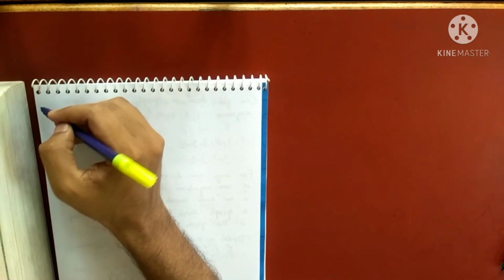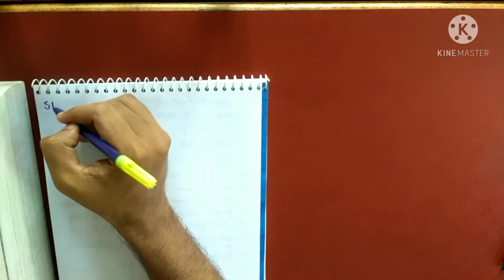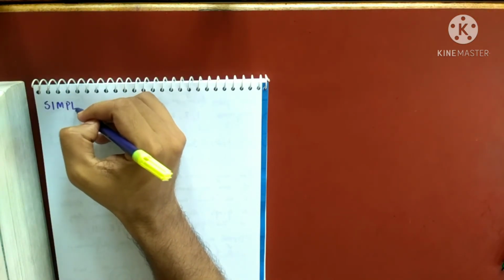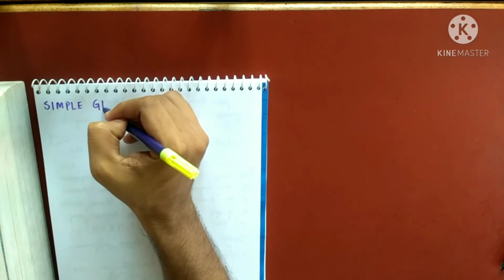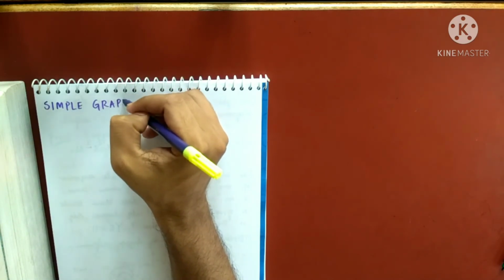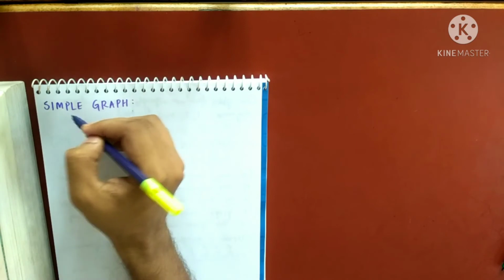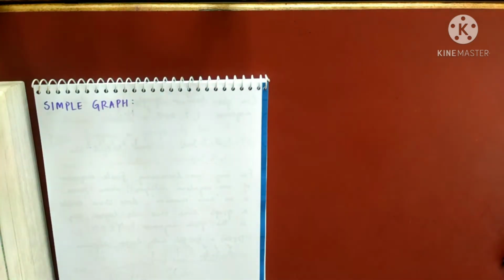Okay, now onwards I will only talk about simple graphs. What do I mean by a simple graph? Okay, so now onwards we'll deal only with simple graphs. I will tell you what I mean by a simple graph.